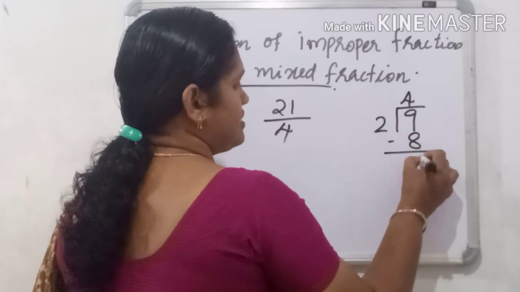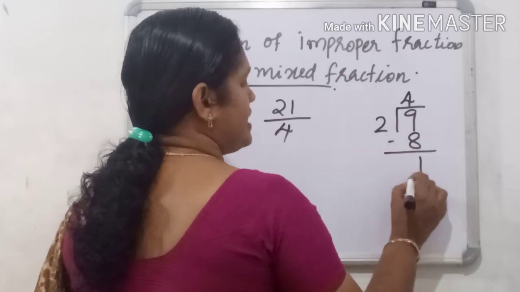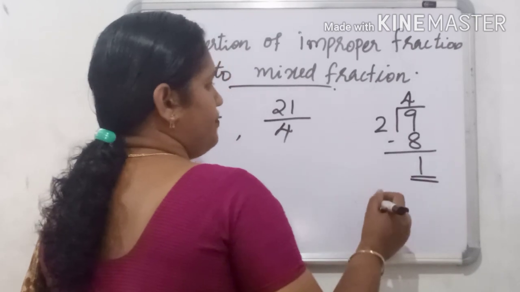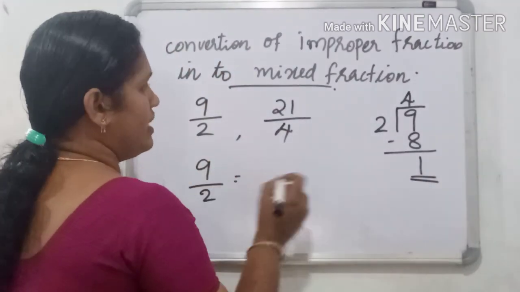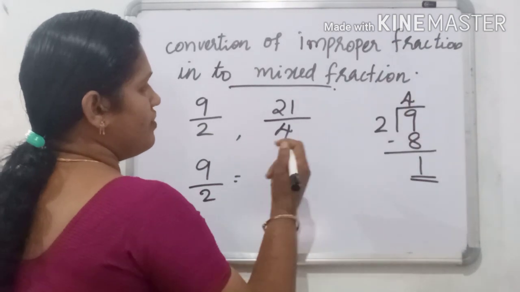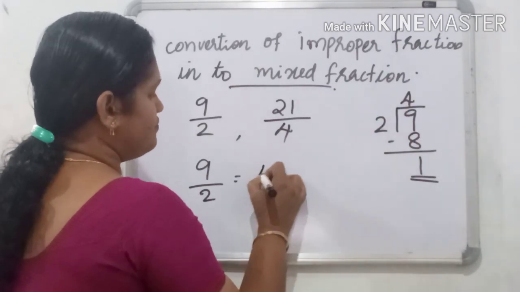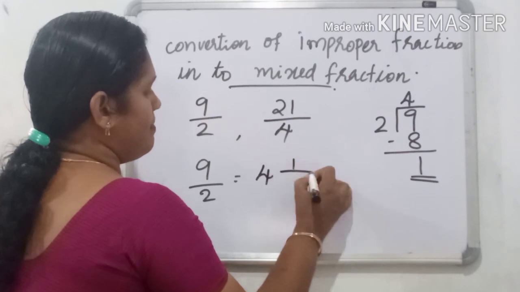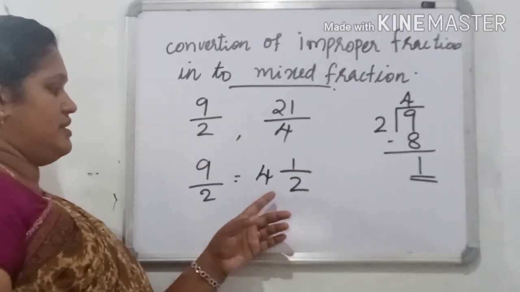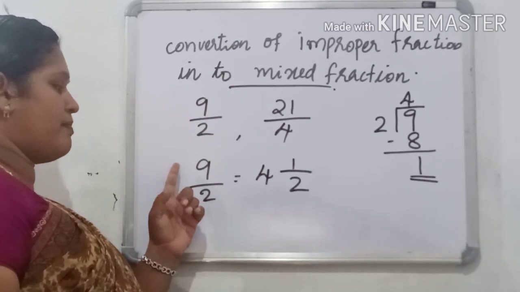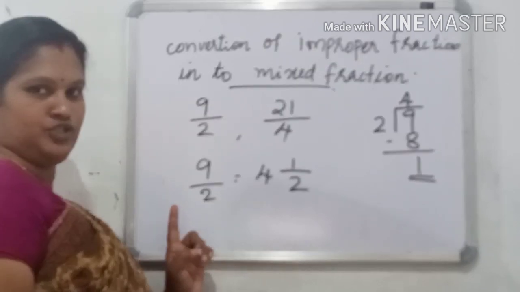Then subtract. Remainder is 1. So, 9 by 2 equals 4 1 by 2.